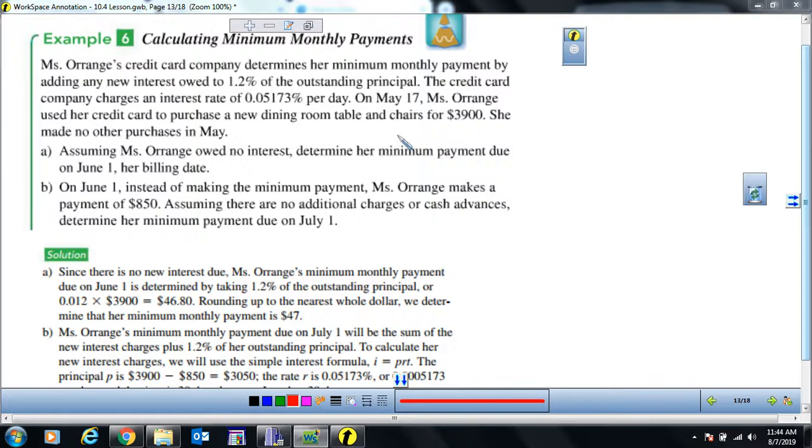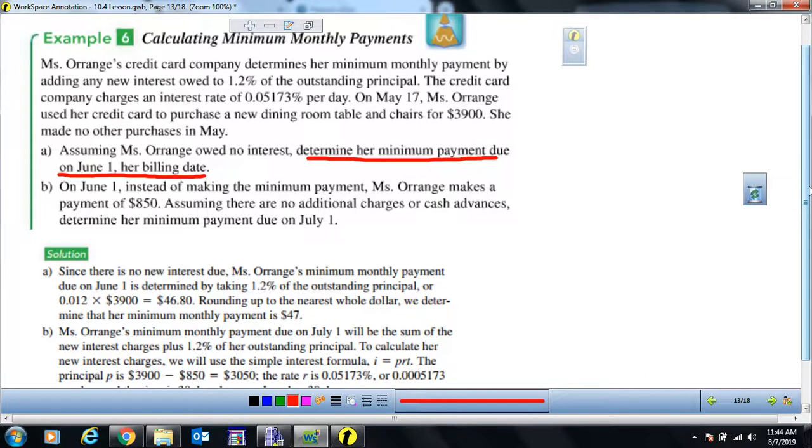So letter A is asking us to determine the minimum payment due on June 1st. So a month, I guess, which is going to be the next due date, because it says her billing date. Yes, okay.